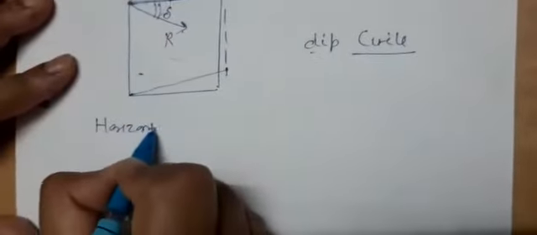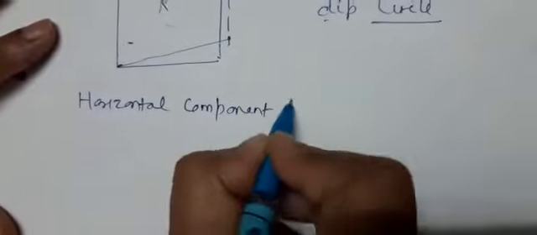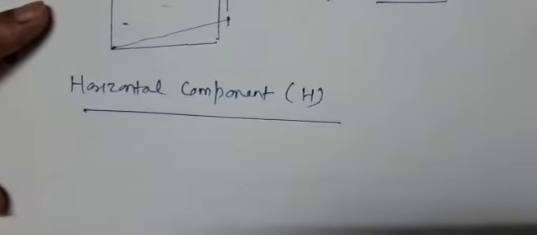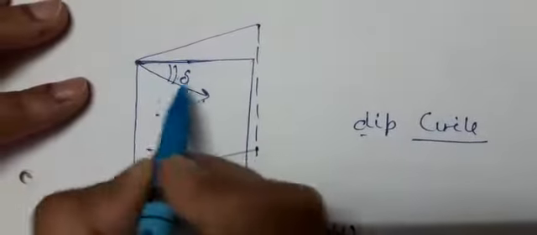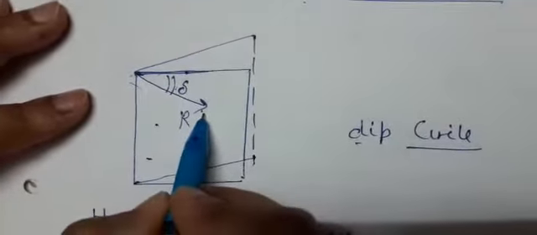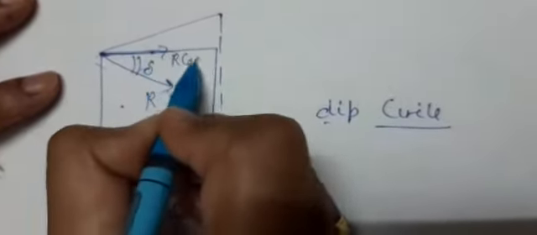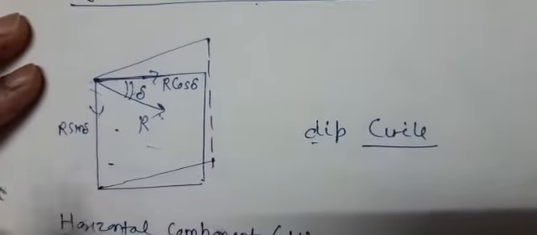Next is horizontal component. If we have to take, see in the same figure, if I resolve this R, total strength of earth magnetic field, this component will be R cos delta and this will be R sin delta.